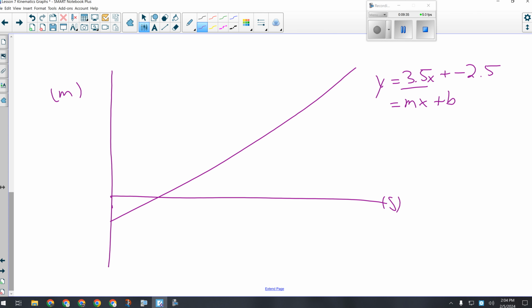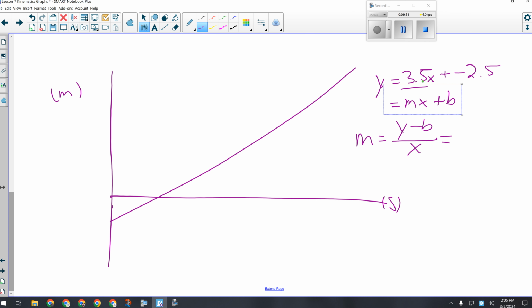It's the amount the object changes over time, and time is x. If we manipulate this formula to solve for slope, m, it'll be y minus b over x.